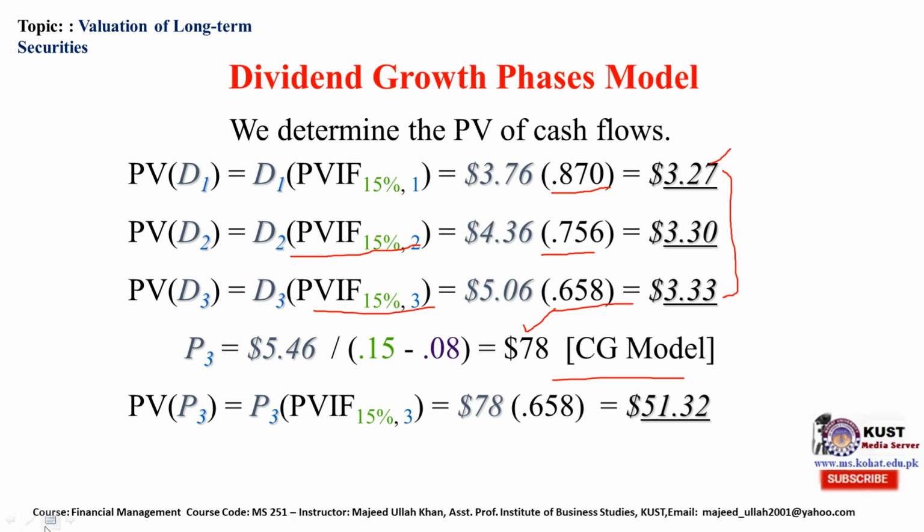When we add up all these amounts, it will give us the present value of the common share. 51 plus 3, that is equal to 54, 57, and 60, and this is roughly $61.5 per share, which will be the value of the common stock.